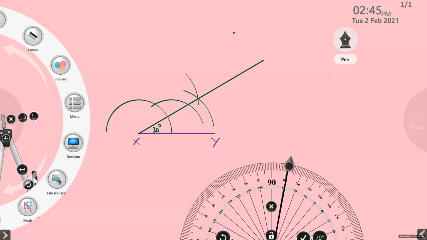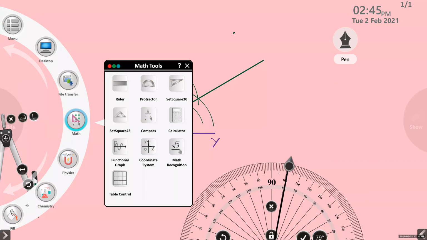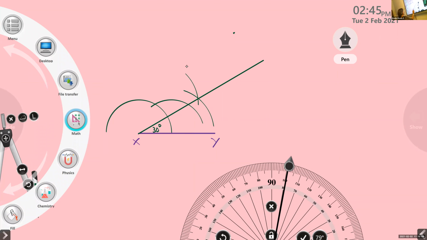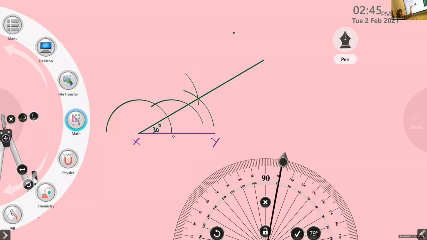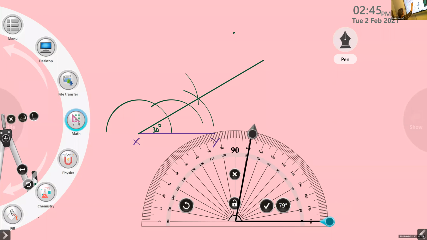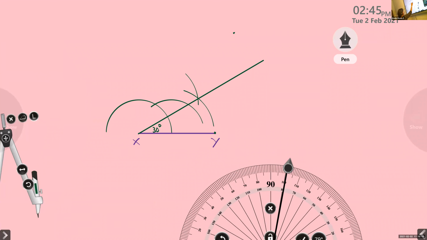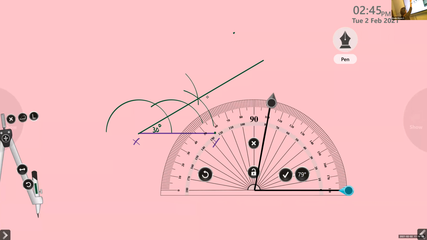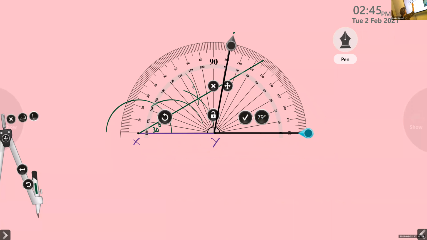Just keep the protractor here. See from where you have to take 100° from this point. The angle will come this way, from left to right. Take the protractor and keep its middle point coinciding with that point.